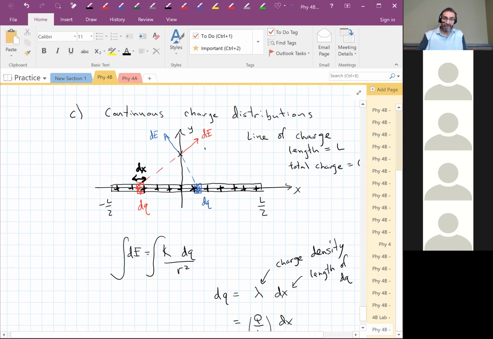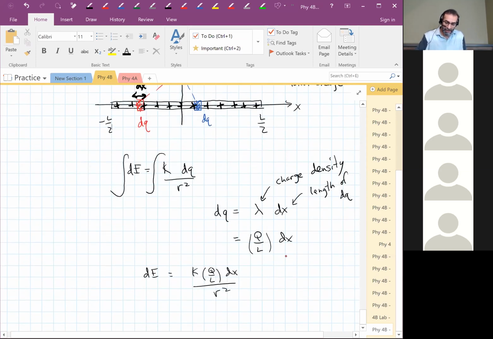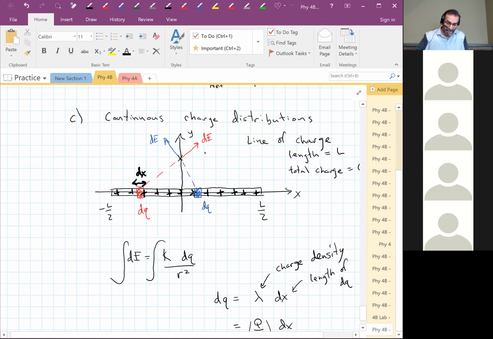So we have to integrate over the whole charge distribution, and it's located along the x-axis. And when we got our dq, the dq told us we're integrating with respect to x. So we want to turn everything into a function of x. Anything else we want to get in terms of x, because we know we've got this integral in terms of dx. So what is r?